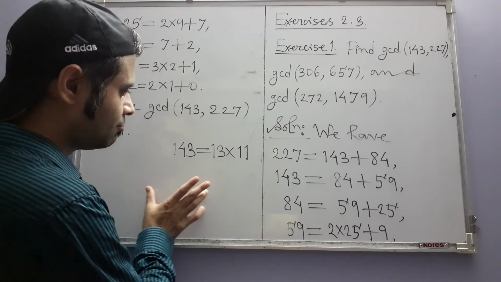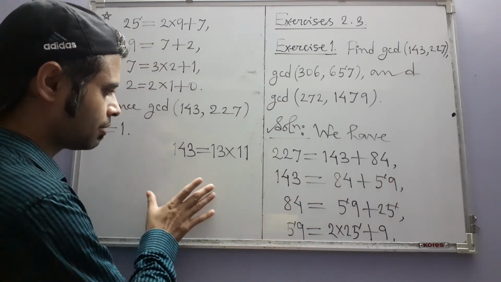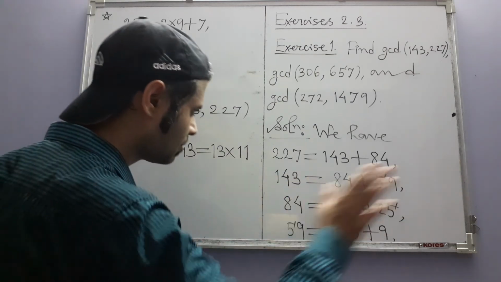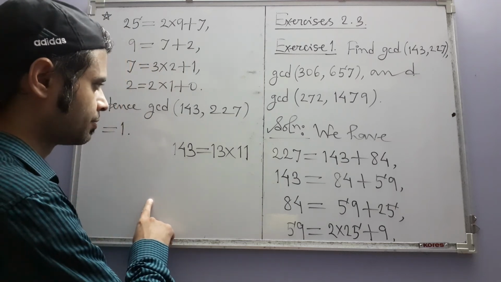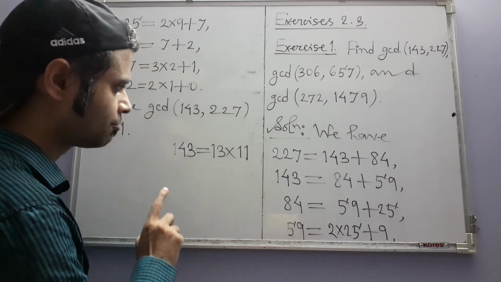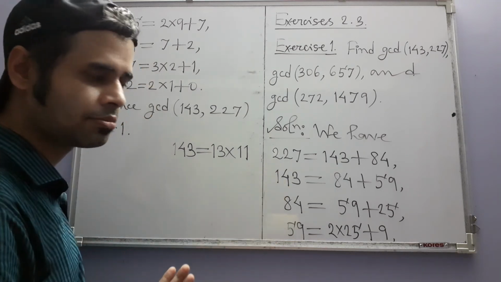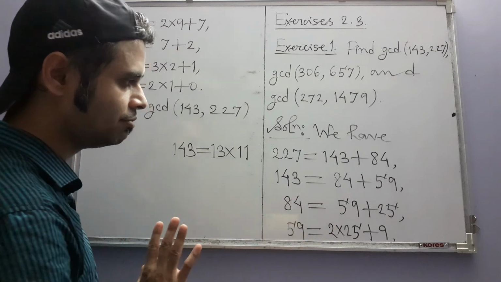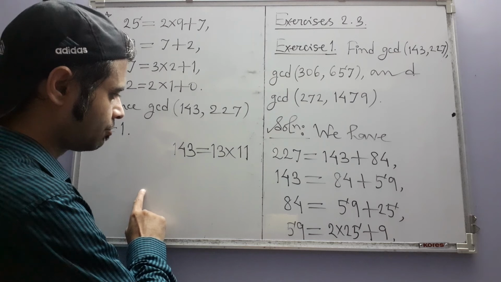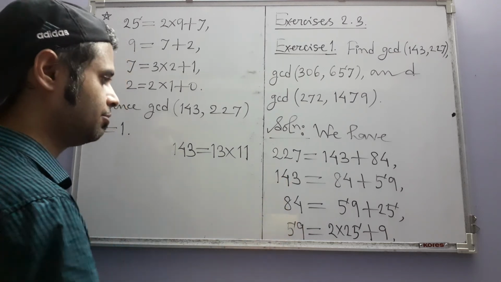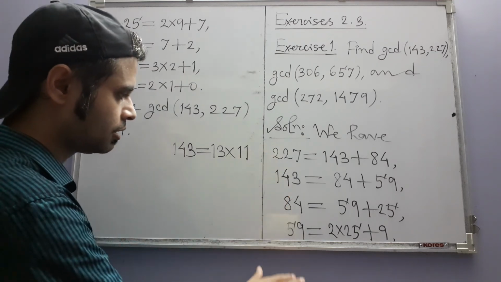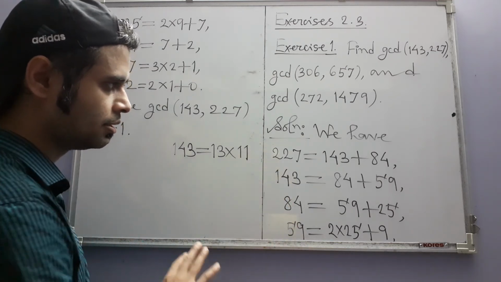If you encounter very large integers, as I mentioned before, if you have two extremely large integers, then going through the Euclidean algorithm to find their GCD is of course a systematic process which involves only divisions. However, finding their factorization is a very difficult job, much more difficult than going through the hassle of using the Euclidean algorithm.